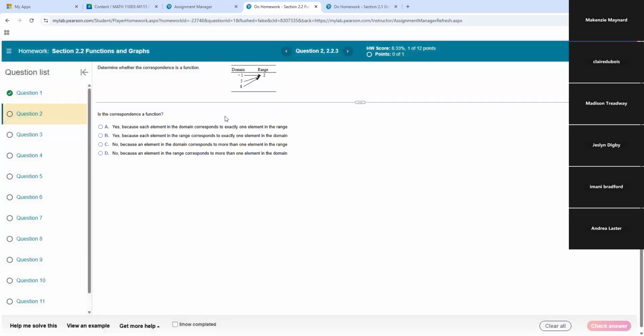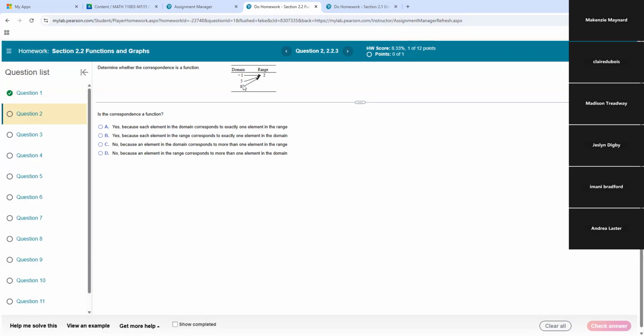All right, y'all check this one out. Is this one a function? -1 points to 2, 5 points to 2, and the 8 points to 2. So let me ask y'all this. Does each of these x values only point to one y value? So good job, Claire. They definitely do, right?